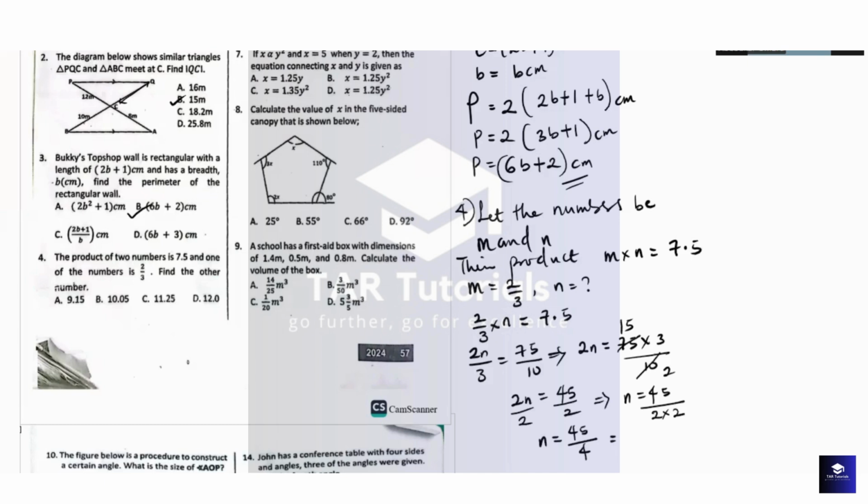Dividing 45 by 4, we get 11 whole number and 1 over 4, and 1 over 4 is 0.25. So we have 11.25, and that's option C.